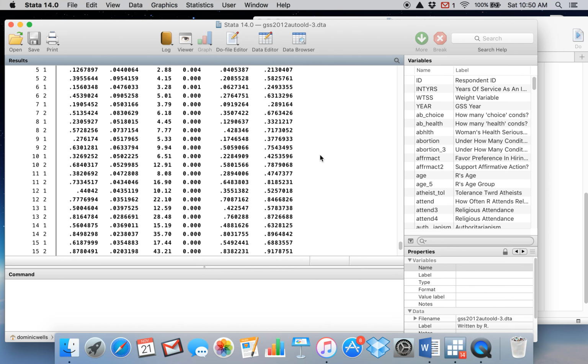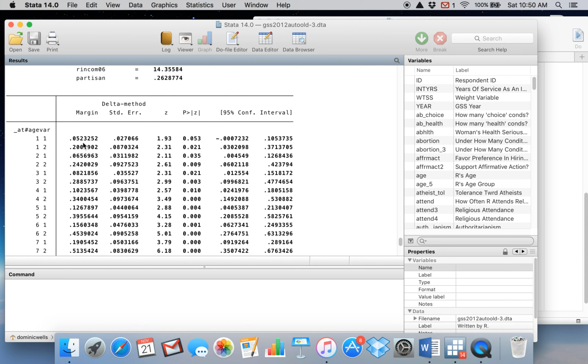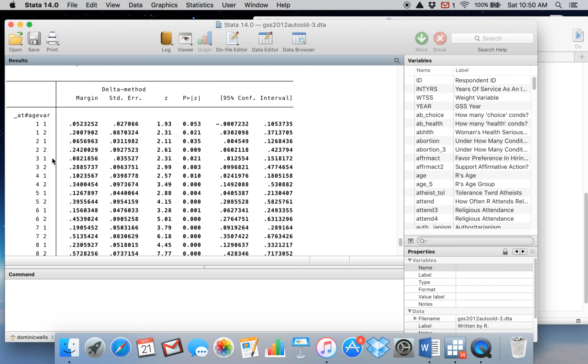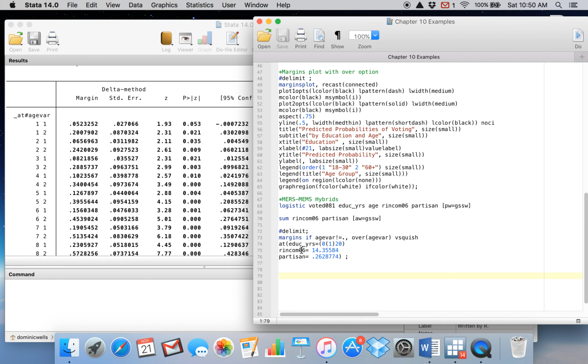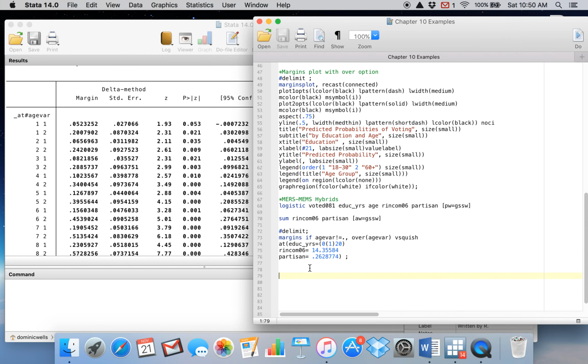Okay, so now we're getting the probability of voting for our age and our education, just like we did before, actually, except now we're holding our income and our partisanship at a specific value.